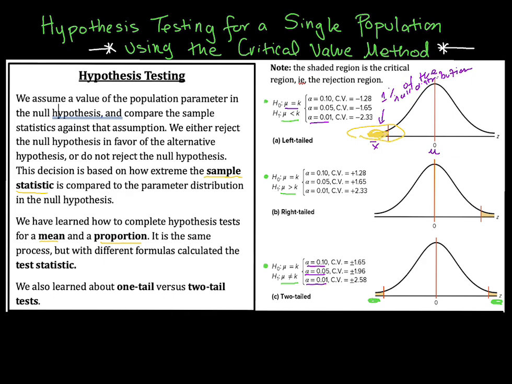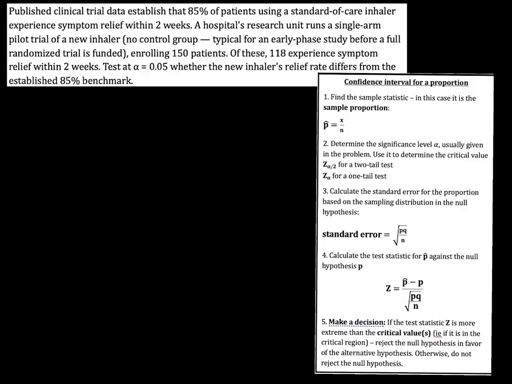All right, so that's very conceptual and abstract, so let's see how it works in a couple of examples. So first, we're going to do a hypothesis test for a proportion. A published clinical trial established that 85% of patients using a standard of care inhaler experienced symptom relief within 2 weeks.